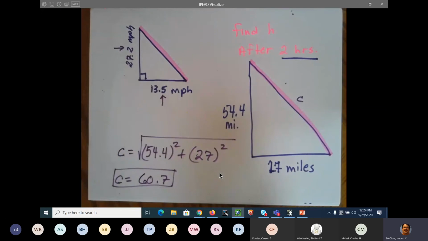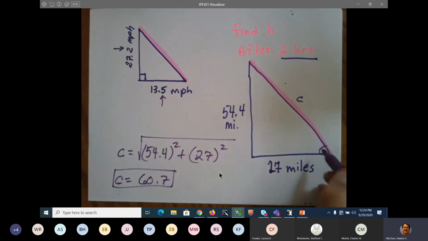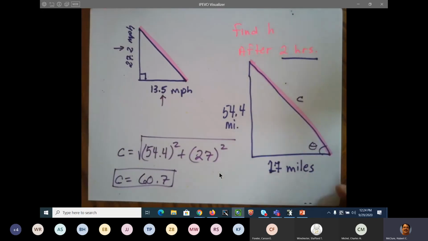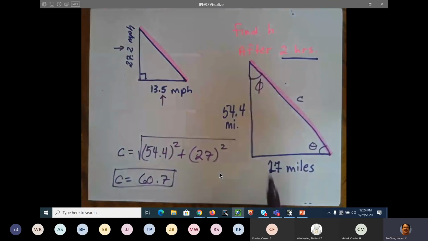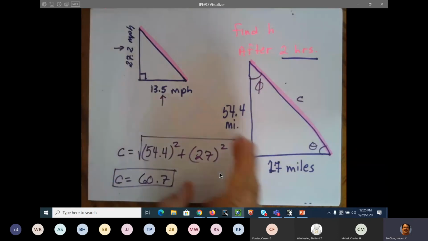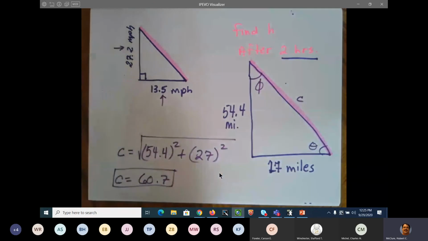Okay, now you can figure these angles. If you needed to figure this angle, we'll call that one theta. We'll call this one phi. If you want to find those two angles, you can find them now. Actually, you could have found the angles just with these, but since they were asking for the miles apart, 60.7.